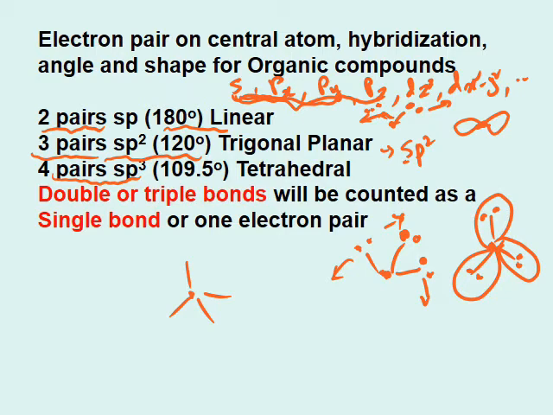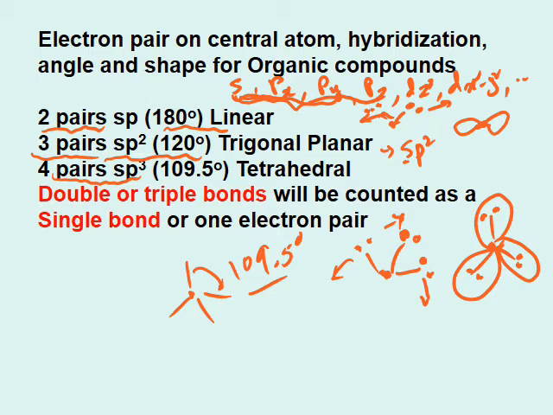I strongly suggest that you have molecular models so that you can build these structures from the beginning, so you get a good feel for how they would look. These angles are not 120 degree or 180 degree, but 109.5 degree. So with four pairs of electrons, angles are going to be 109.5 degree.